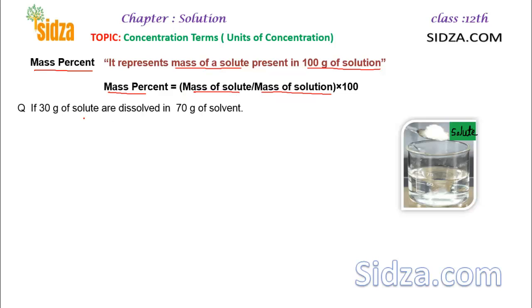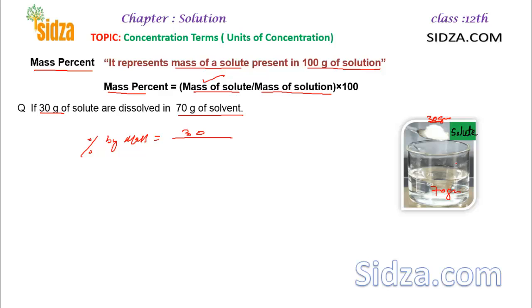Let's take an example. Suppose I add 30 grams of solute in 70 grams of solvent. When I mix 30 grams of solute in 70 grams of solvent, what will be the percentage by mass? The percentage by mass of this solution will be equal to the mass of solute, which is 30 grams, divided by the weight of solution.